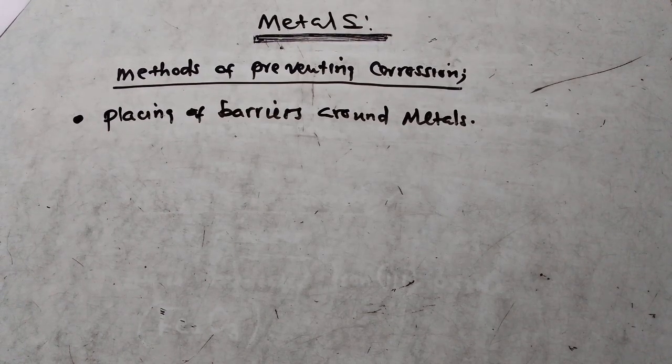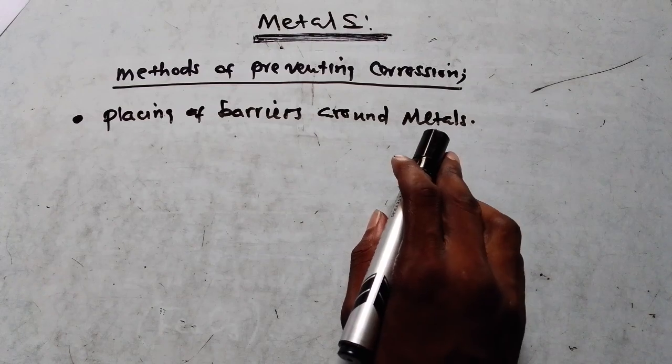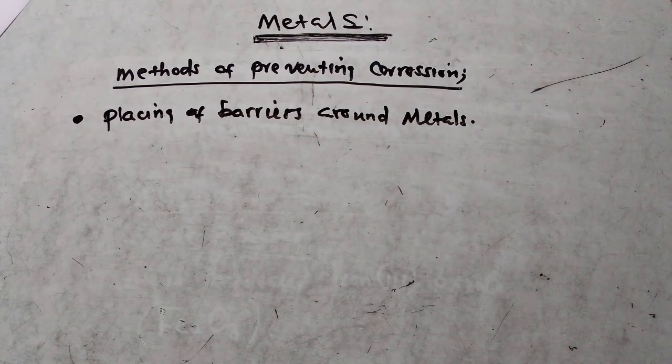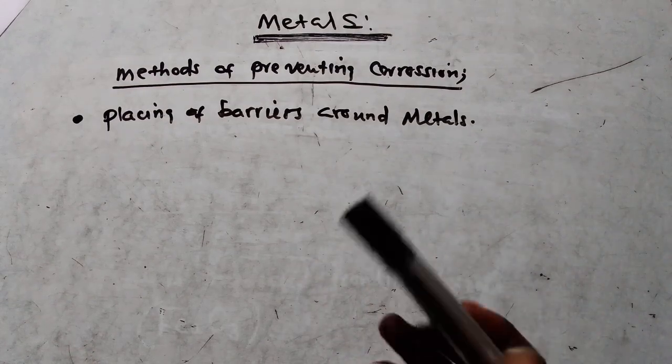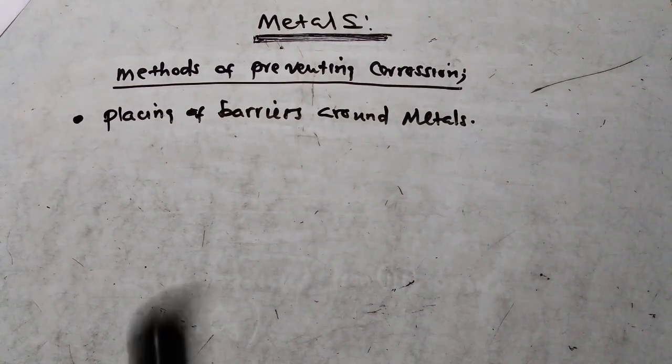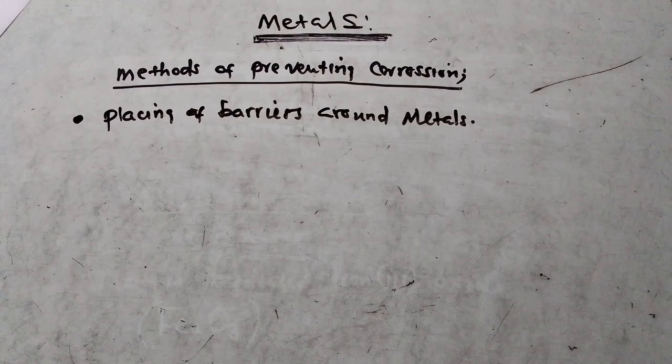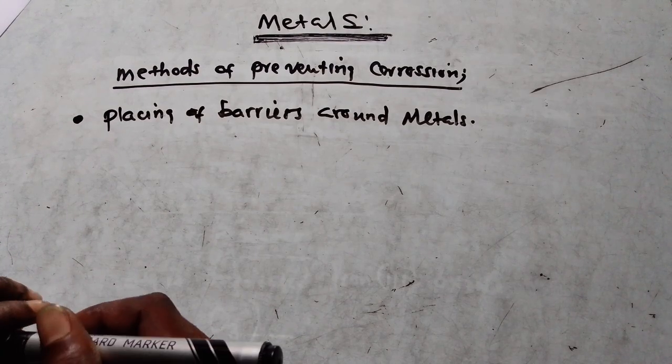You make sure that you protect your metals by putting something that can prevent water from getting into contact with air to form rust. These are the barriers that are being talked about.